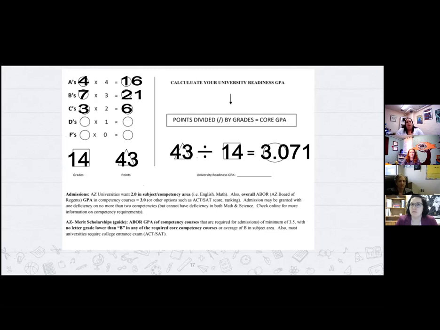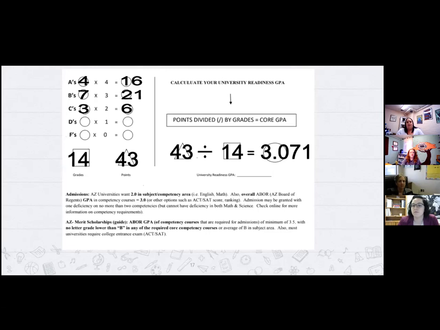In addition, you can be admitted into a university with one deficiency, but no more than two deficiencies. And again, not both math and science. But if you had a math and English deficiency, you could be admitted. We encourage you to research online the universities that you're interested in being admitted to for their minimum requirements.